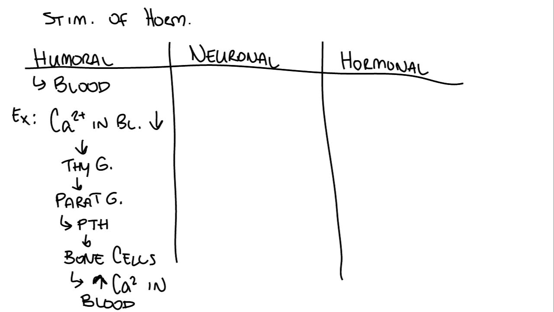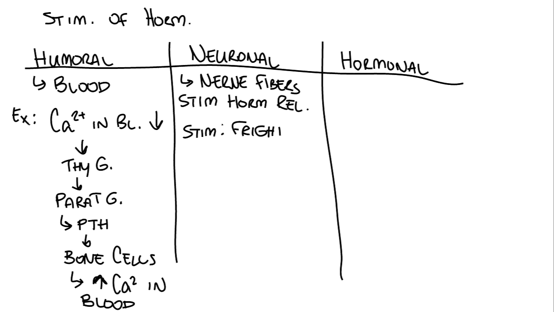So what about neuronal stimulation, or through the nervous system? Well, it deals with nerve fibers that stimulate a hormone release. Let's say our stimulus here is fright. So we're frightened. What's going to happen is that our nervous system is initially going to sustain this fright, I guess you could say, through the sympathetic branch of the nervous system.